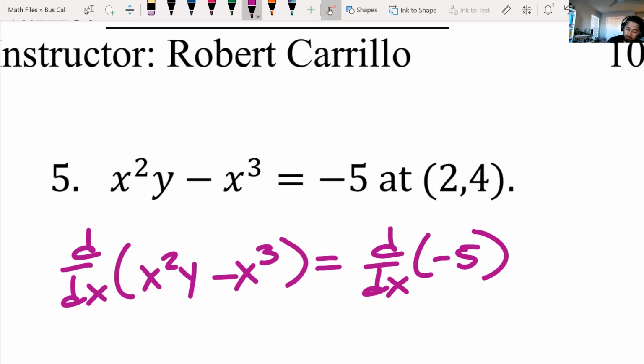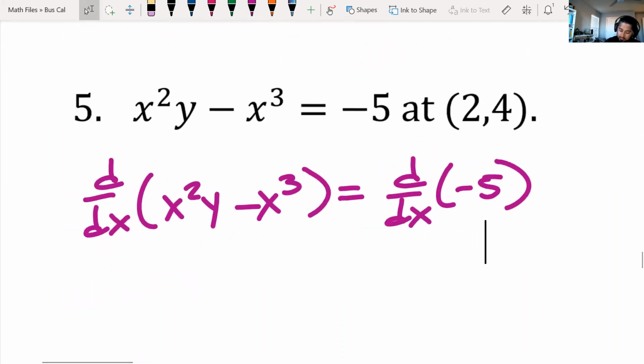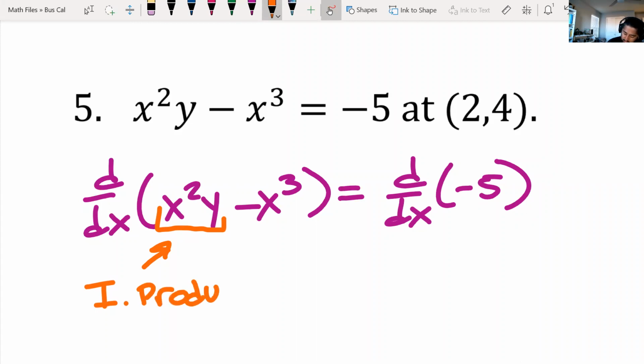Okay. Well, once again, what are we going to have to do on x squared y? Yeah, we're going to have to do the product rule. Another implicit product rule of x squared y.